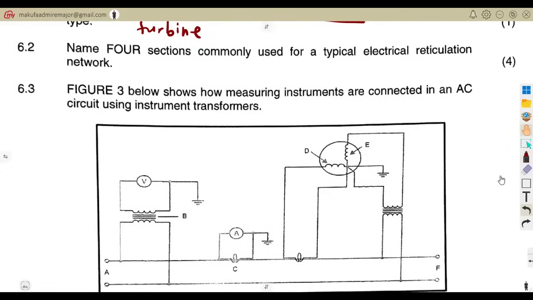Name 4 sections commonly used for a typical electrical reticulation network. The sections that are commonly used, remember, there is generation, and transmission.